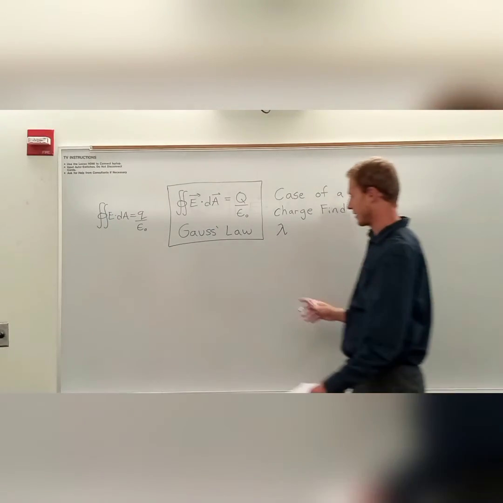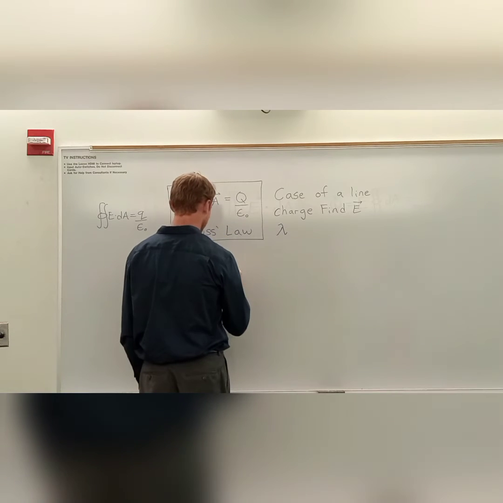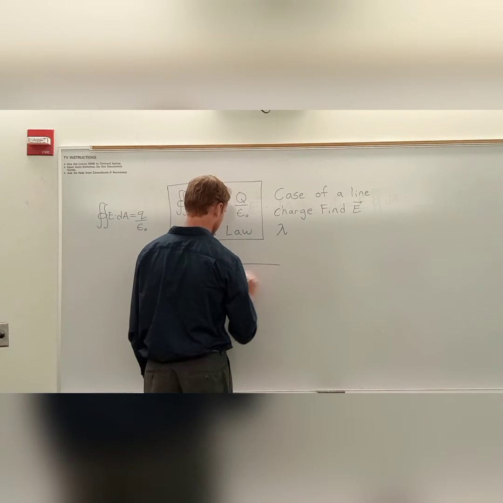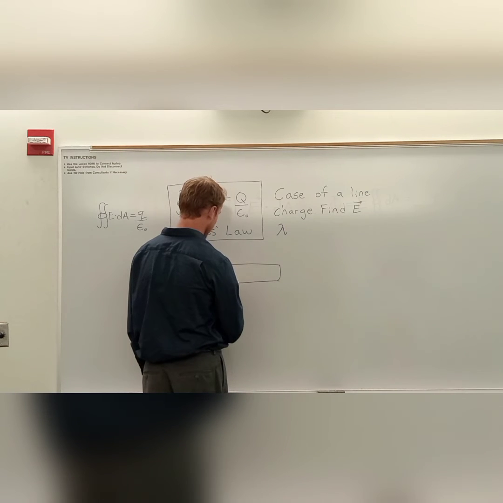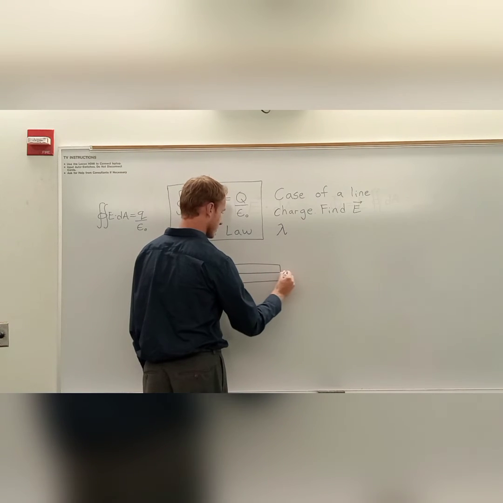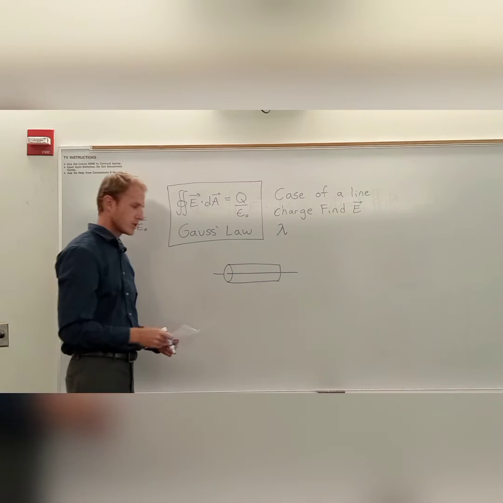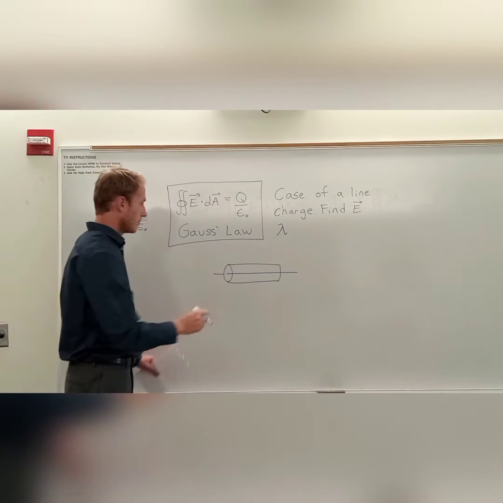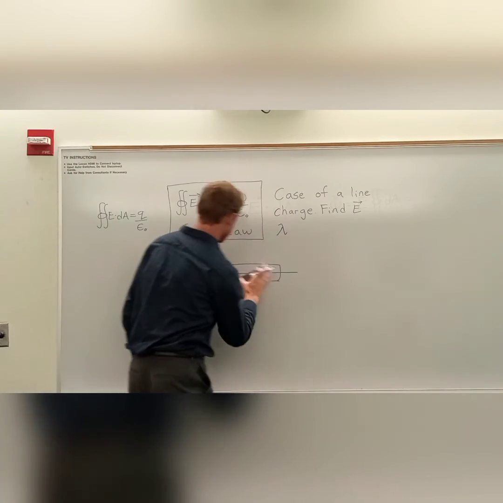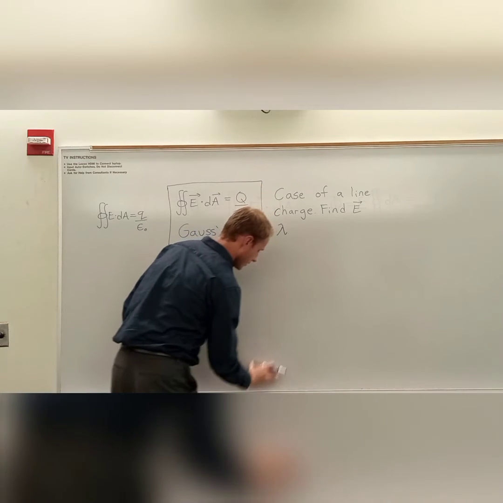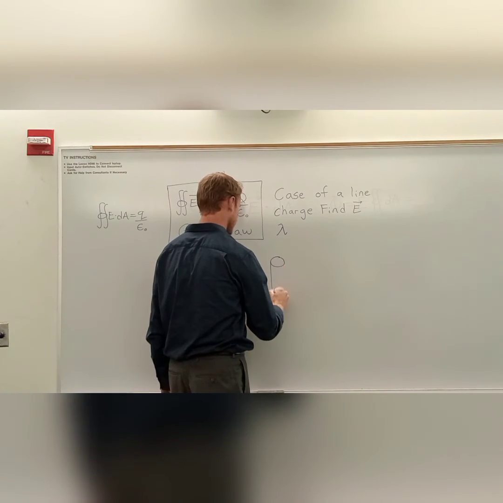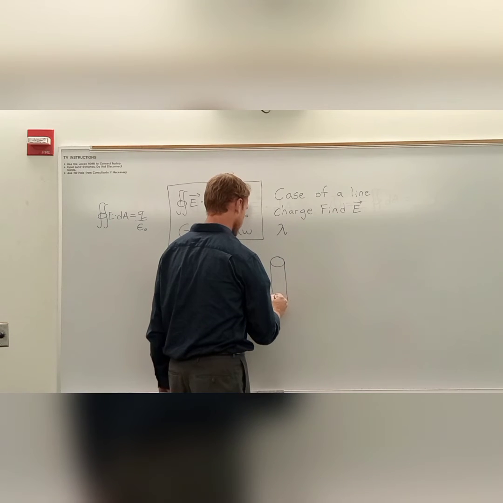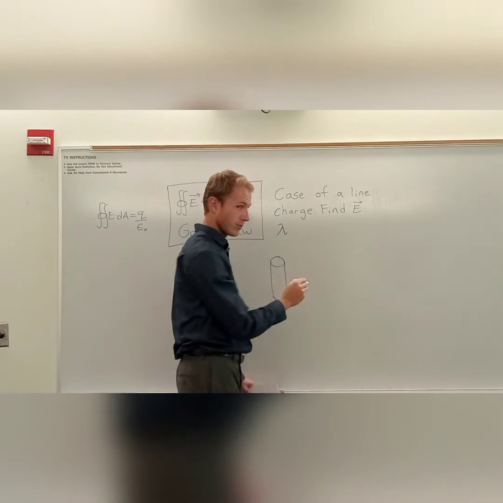If you think about a line, it'd be a cylinder, right? So we have this cylinder, and it encloses a line of charge through it. Or if we orient it slightly differently, we can say the cylinder looks like this along the z-axis, and the wire goes through it.